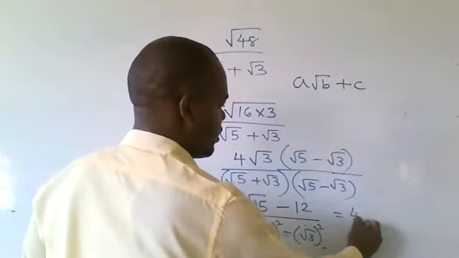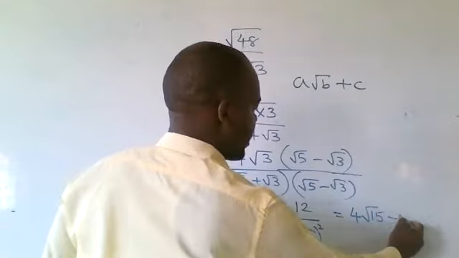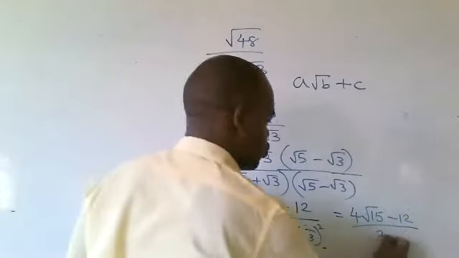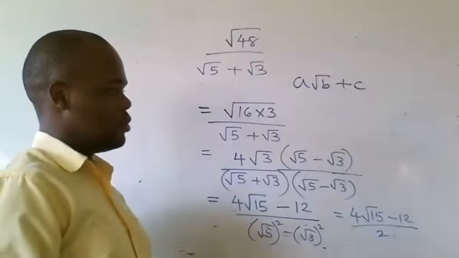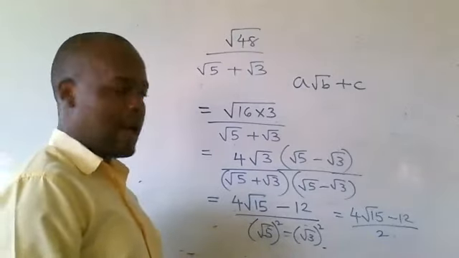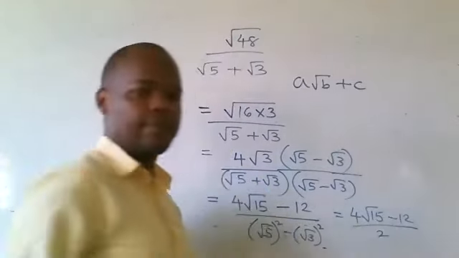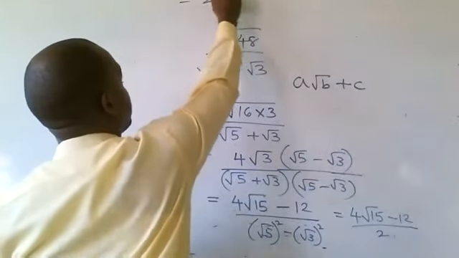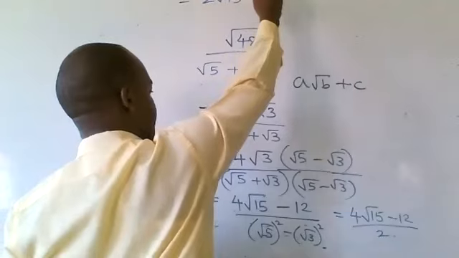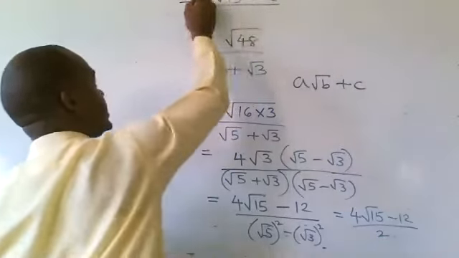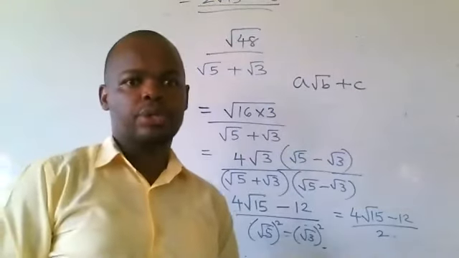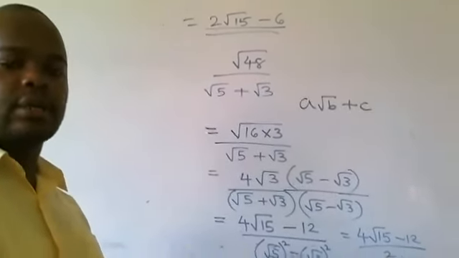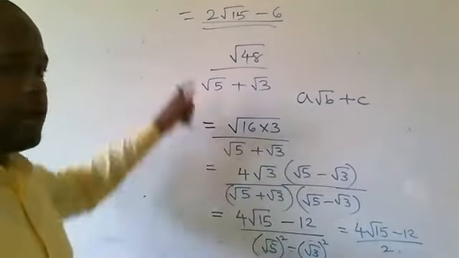So this is 4 square root of 15 minus 12 over 5 minus 3, which is 2. Our answer becomes 2 square root of 15 minus 6. So that becomes our final answer.